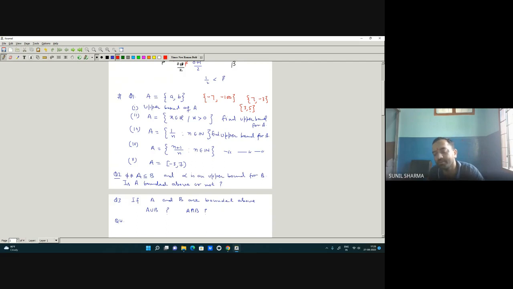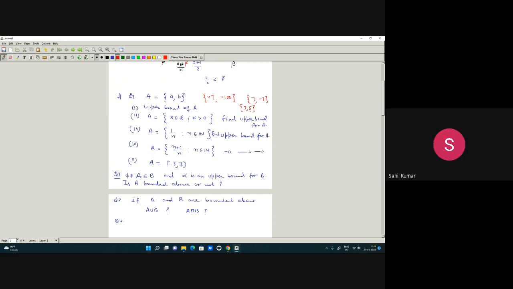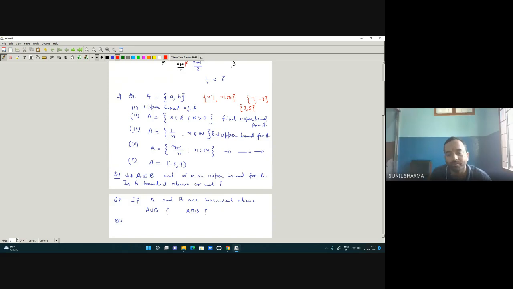Now tell me which one is bigger now, 3 or 5? So no, now it is not an interval, it is a set. If it is an interval, then you are right: for the interval (a, b), b is greater than a. But my set A is a set which contains two elements a and b.